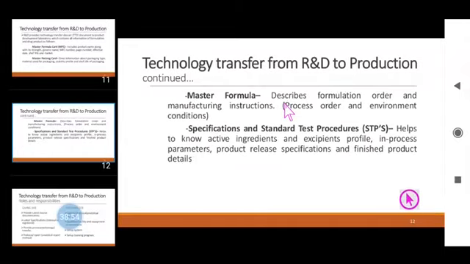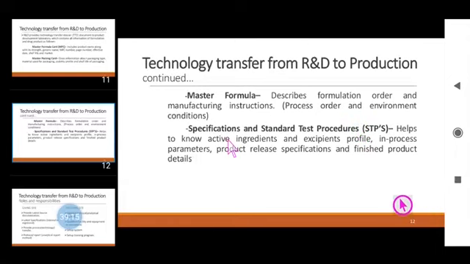Master formula describes formulation, order, and manufacturing instructions, or process order and environment conditions.